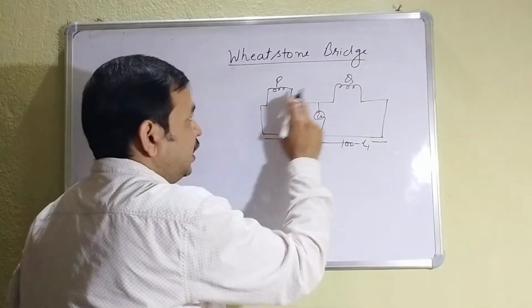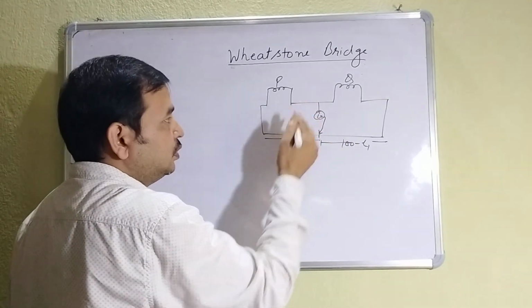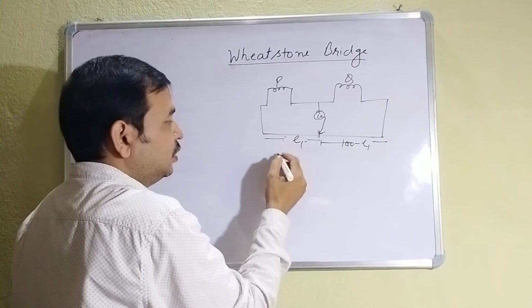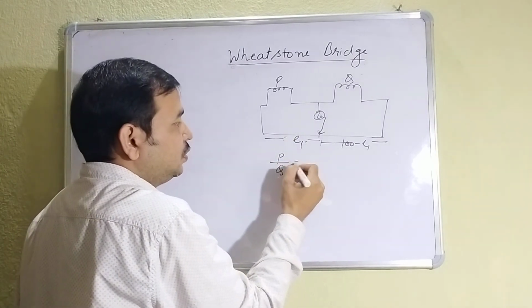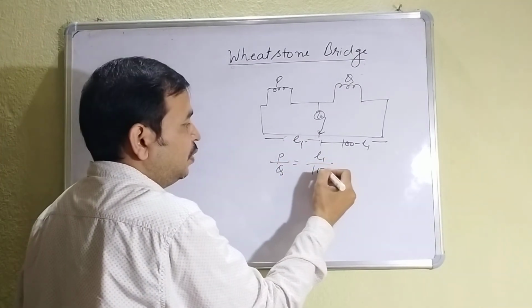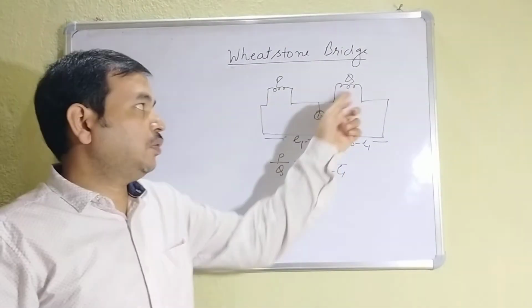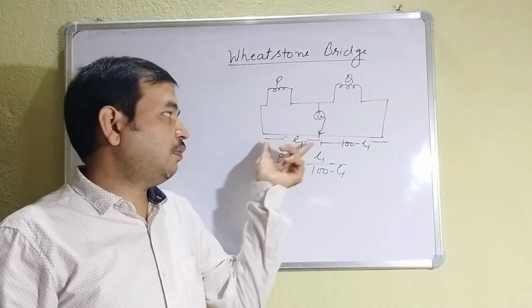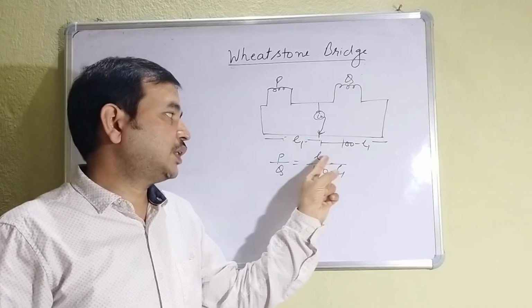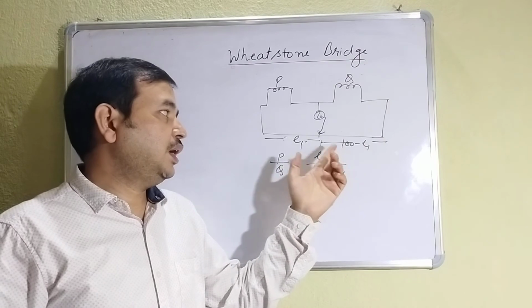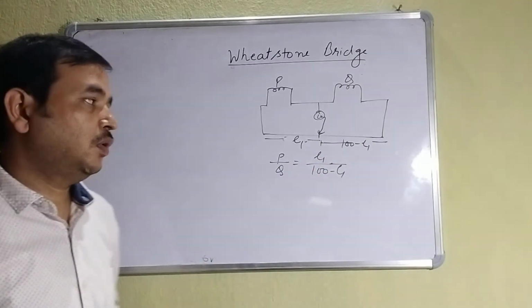Suppose, then how will you write the equation? If galvanometer is showing no deflection, means this bridge is balanced, means P by Q is equal to L1 by 100 minus L1. Already we have derived the formula. P by Q is equal to R by S. In place of R, when you write the formula, all will cancel out, only length will remain. Here also length will remain, area and resistivity will cancel out.